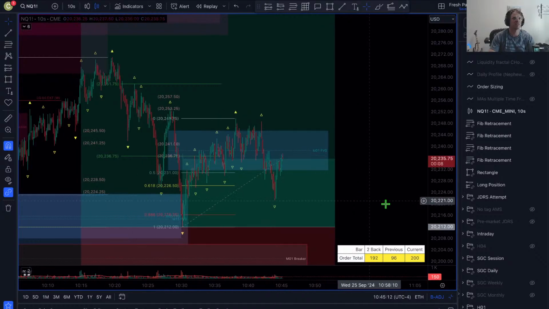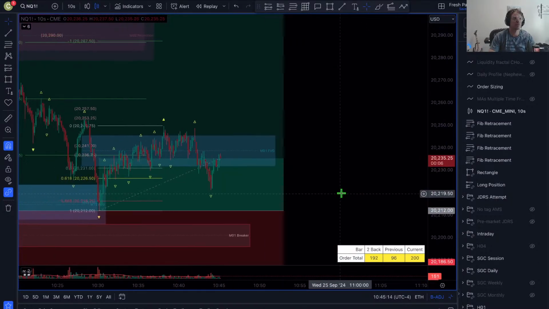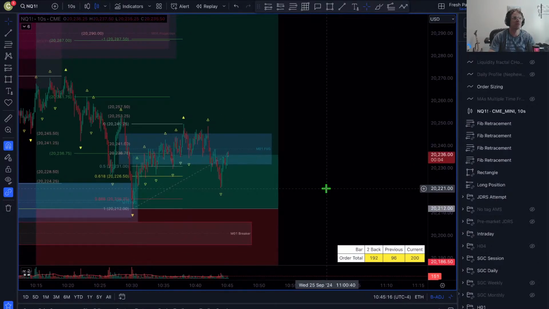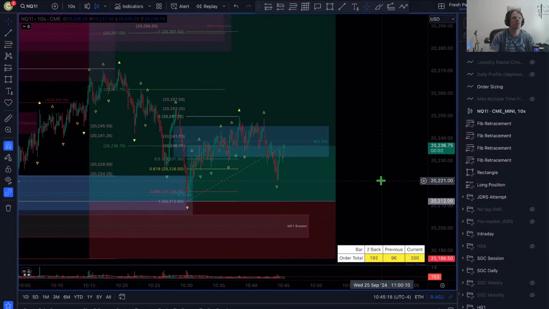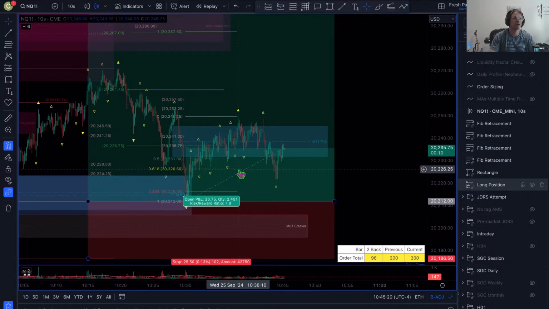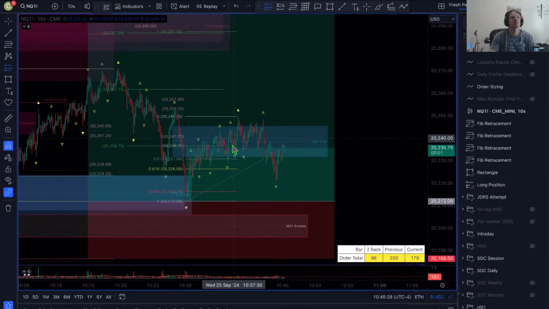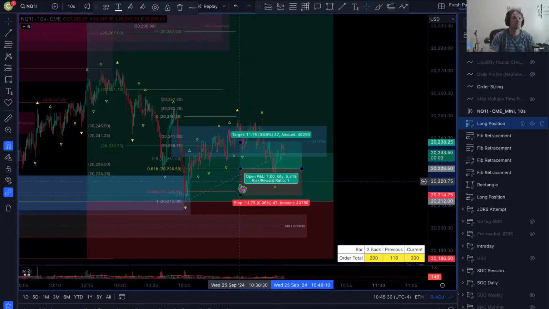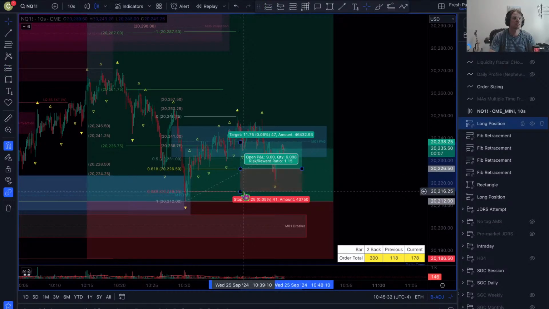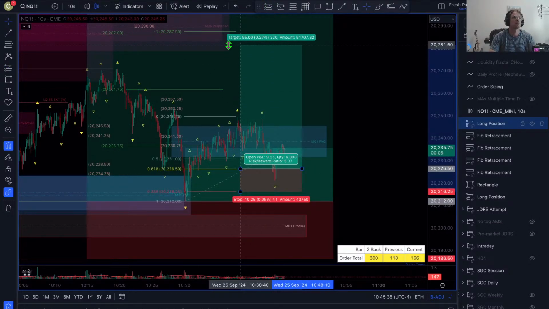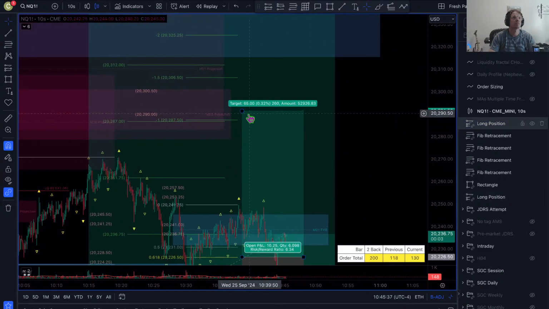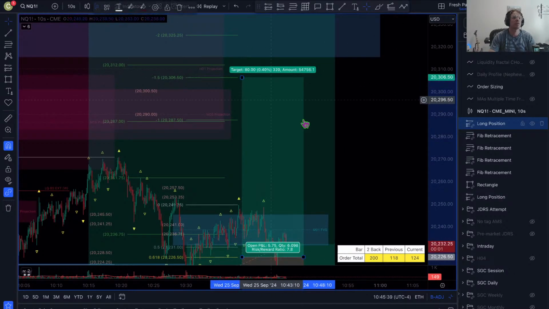But yeah, I think if it doesn't push from here, it's going to come back down. That was the S10 entry or the S15 entry, whatever you want to call it, off of that liquidity sweep, if that was enough liquidity.